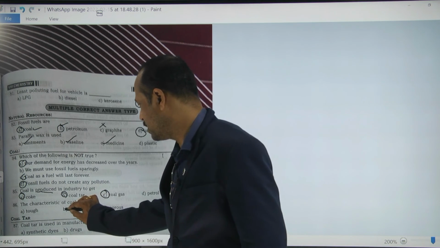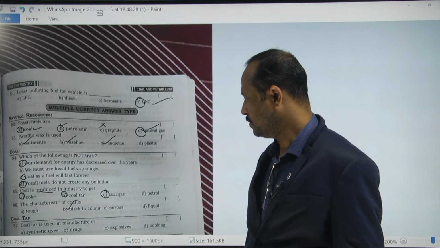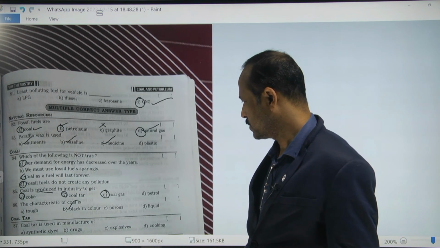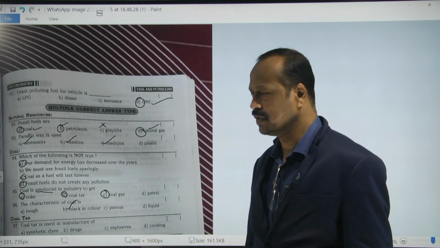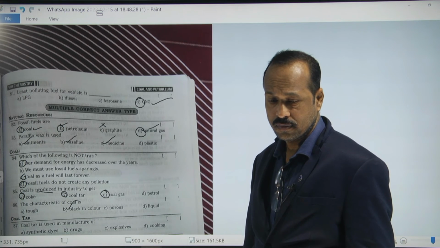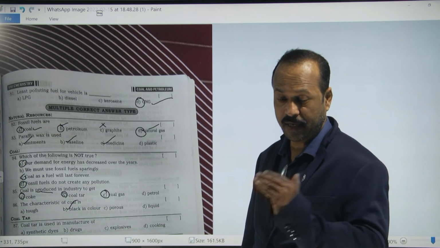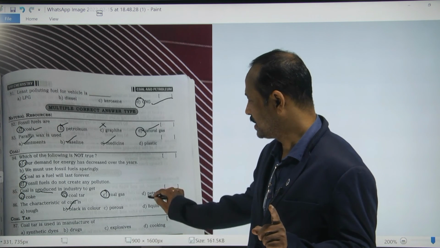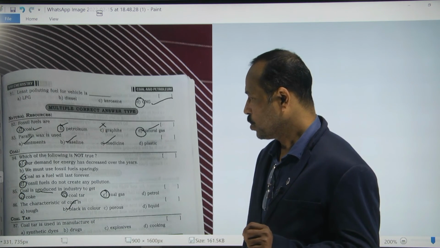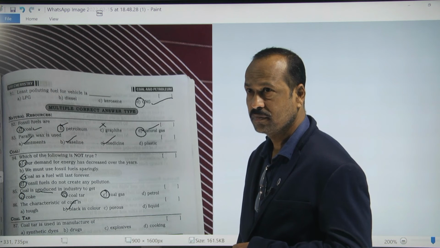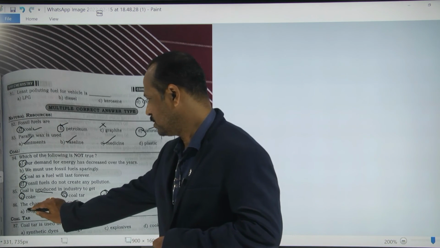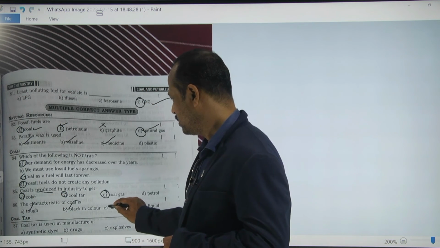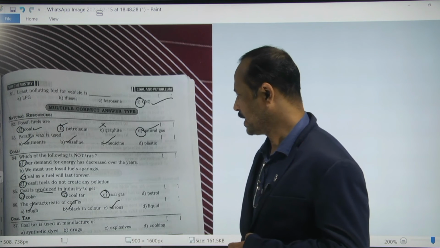Black in color, yes. Coal is not liquid in form. After processing, we can get coal tar as a liquid, but coal is not a liquid, so this is wrong. Coke, is it tough? Yes. Is it porous? Yes. So this is the right answer.